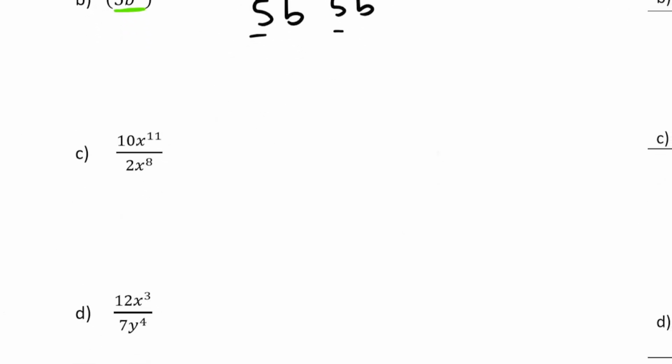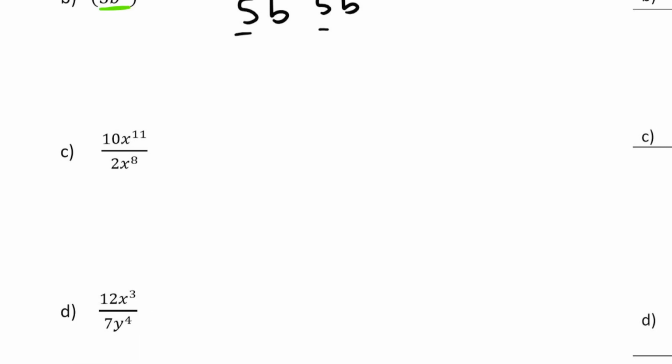The next expression, clearly there's some 1s here, so I can rewrite this 10 as 5 times 2. And I've got a 2 in the denominator also. In terms of the x's, I'm going to break this up as x to the 8th times x to the 3rd, right? That's 8, 9, 10, 11.